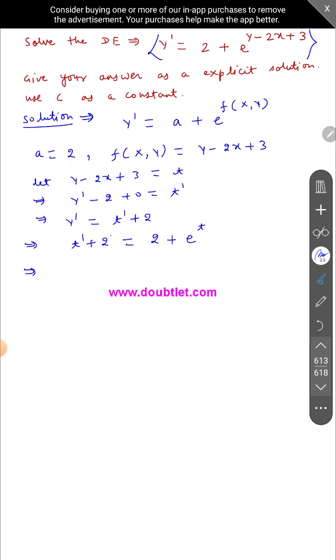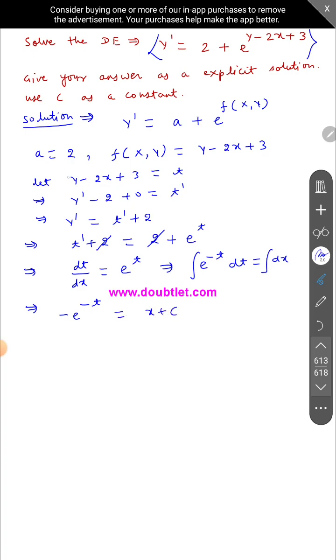So this 2 will be cancelled out. So we can write this as dt divided by dx is equal to e to the power t. And if we separate the variables, this will become e to the power minus t dt is equal to dx. And if we integrate both sides, then we can write this as minus e to the power minus t is equal to x plus c.